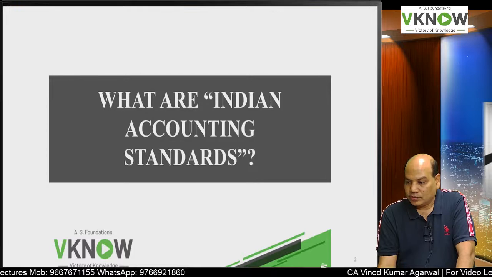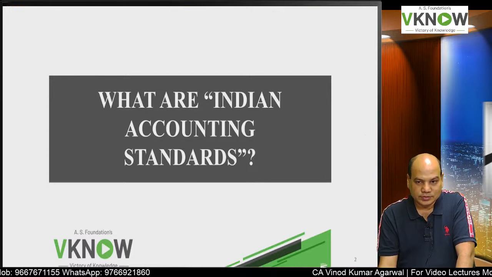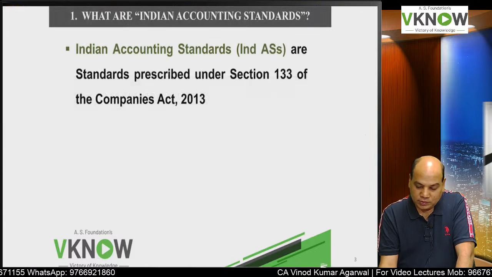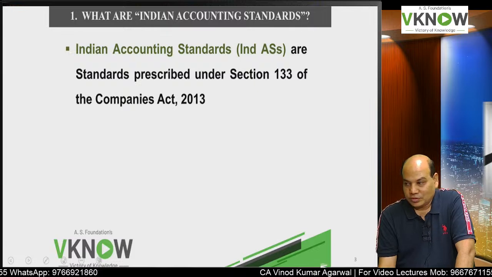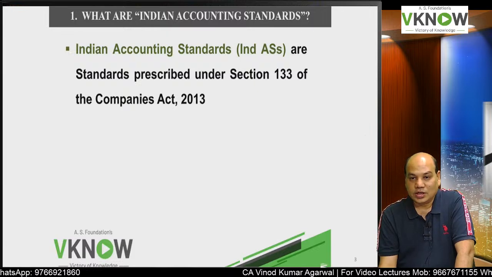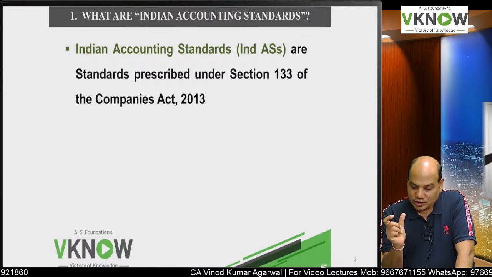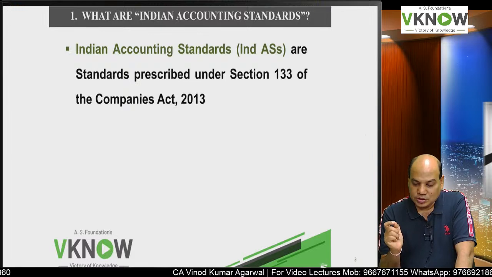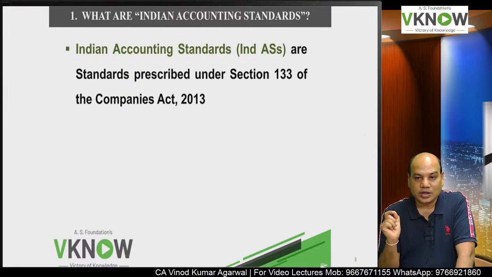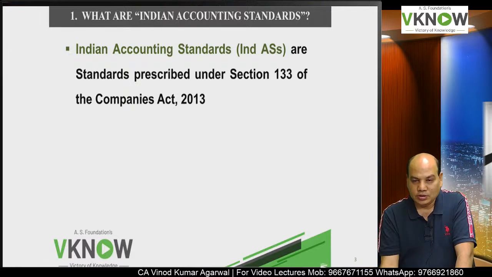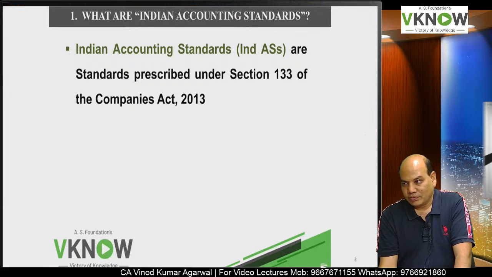First question is, what are Indian accounting standards? So different people will give different answers. You will say Indian accounting standards are converged version of IFRS. But as per this standard, Ind AS has been defined. It means these are the standards prescribed under section 133 of the Companies Act.